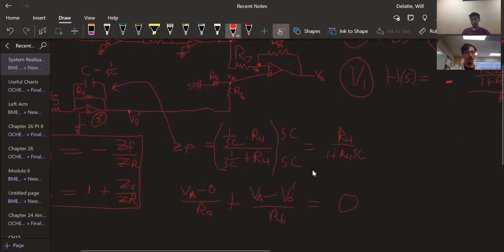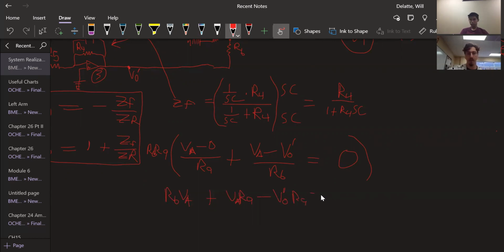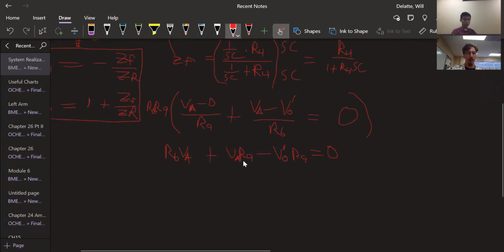But we don't necessarily know from there, which is why we have our little equivalence statement here based on our feedback loop. So with a little bit of mathematical magic, we are going to simplify this by multiplying by our like term of R6 R9, which is going to give us VA R6 plus VA R9 minus V out prime R9, all equal to 0. From here, we're going to do a little bit of rearranging.